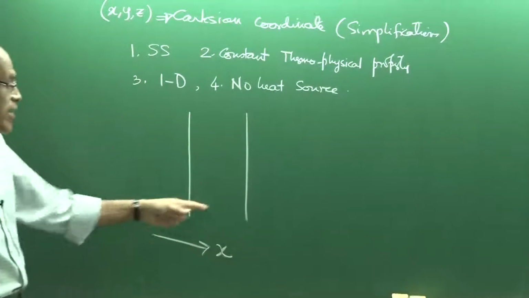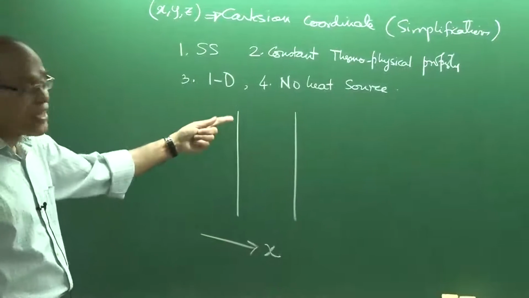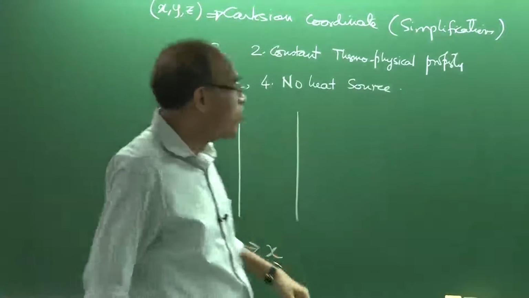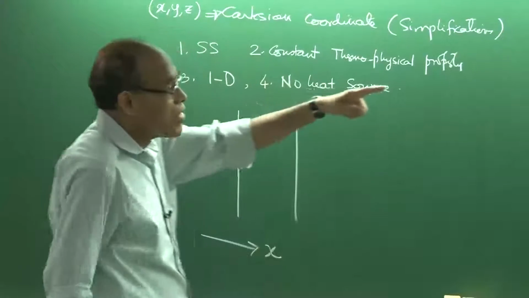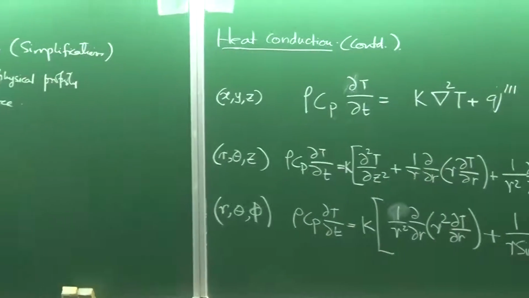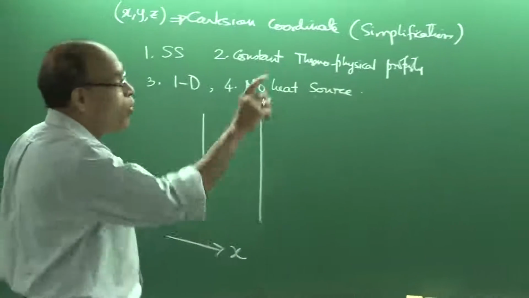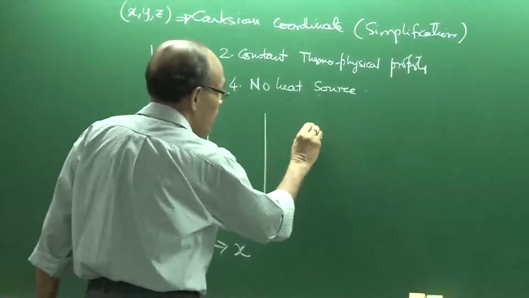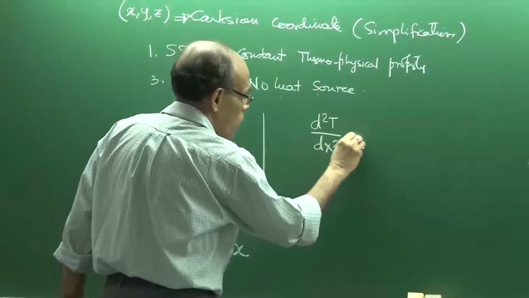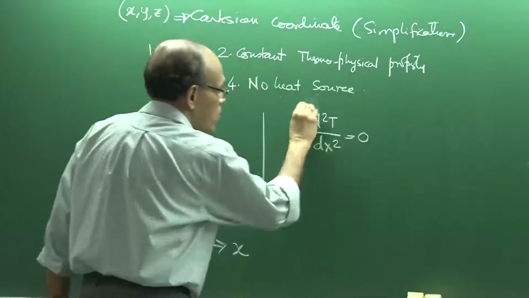The derivative along x stays; along y and z, which are perpendicular to the board, the derivative vanishes because it is a 1D problem. And this term is also going to be equal to 0 because I am considering a scenario where there is no heat source. So, the governing equation will look like this.